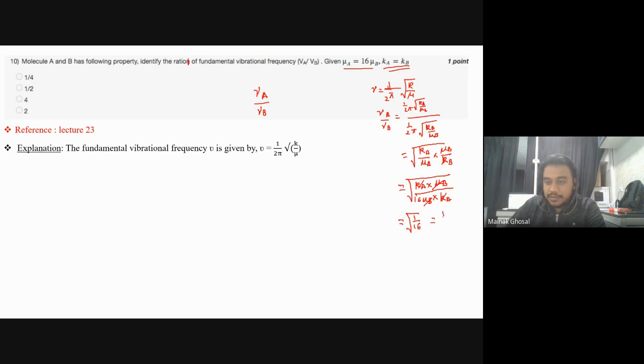And you know this value is 1 by 4. So what will be the value of nu A by nu B? This will be equal to 1 by 4. This is the correct answer.